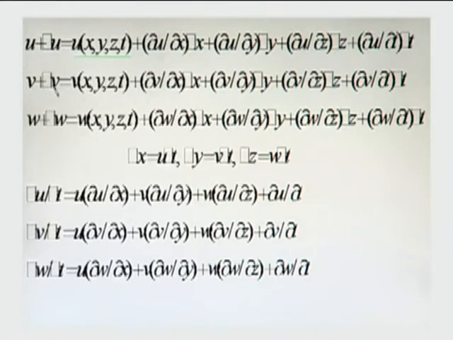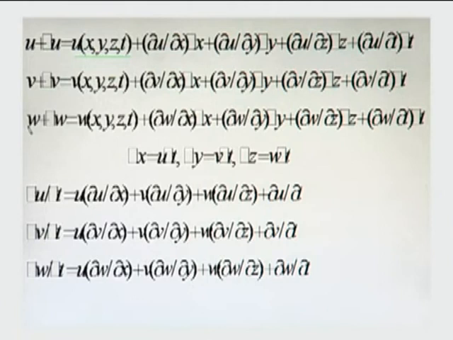Similarly, v plus delta v will become v(x, y, z, t), the velocity at point (x, y, z) when time was t. And what is the velocity at time t plus delta t? It is v(x, y, z, t) plus del v over del x into delta x, plus del v over del y into delta y, plus del v over del z into delta z, plus del v over del t into delta t.